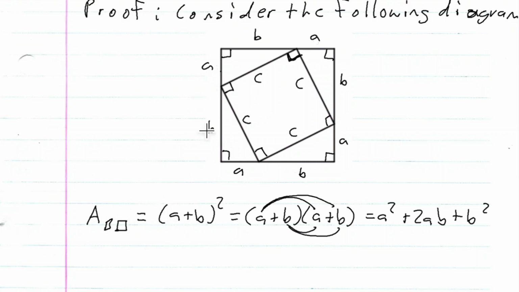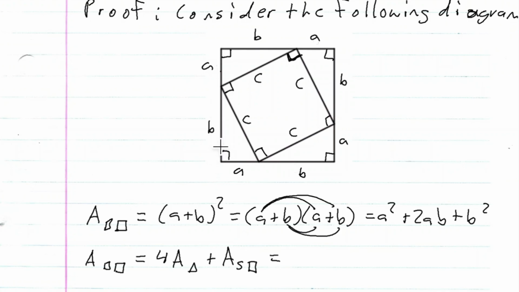Although we can represent this big square in another way. We know that the area of this big square is the area of these four triangles here plus the area of this smaller square. And we know each of these triangles has an area of 1/2 base times height, where the base could be a and the height could be b.